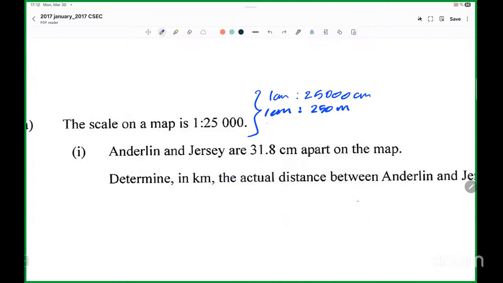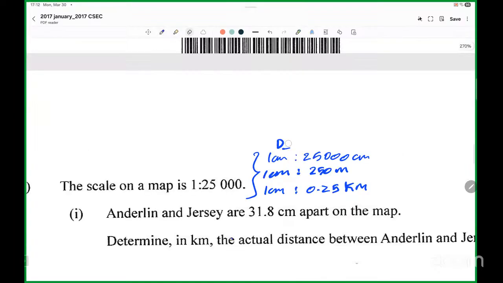So if you want it in kilometers, it will be 1 centimeter on the map to 0.25 kilometers on the land. That is for distance. This is the scale for distance. That's the scale for converted distance.